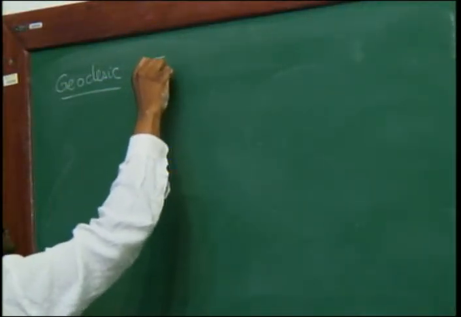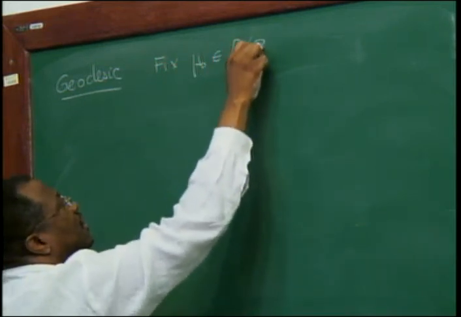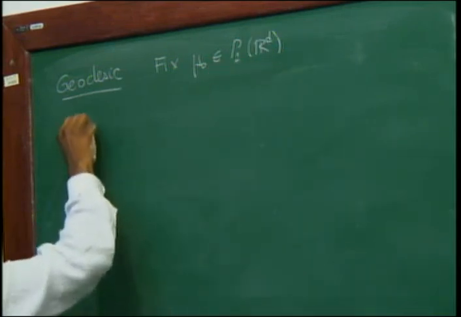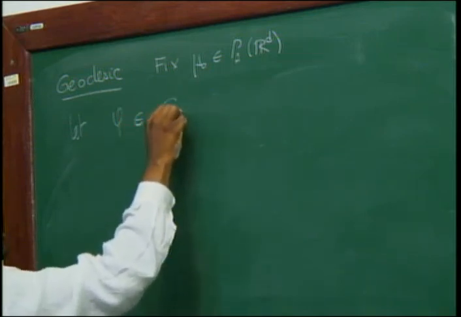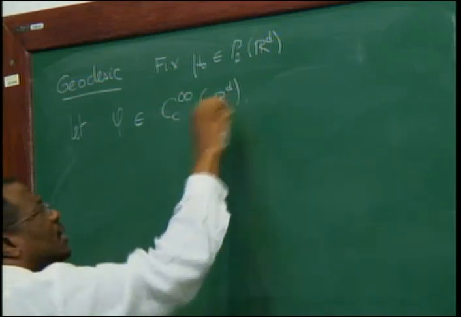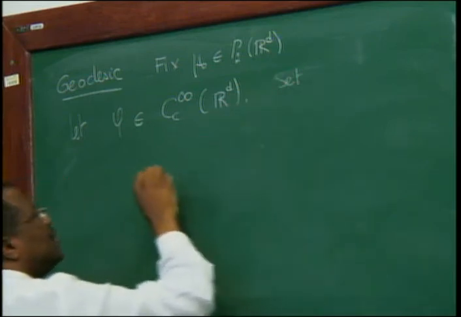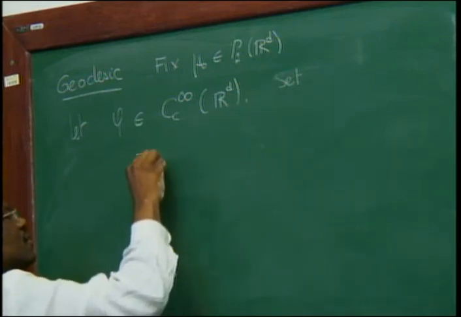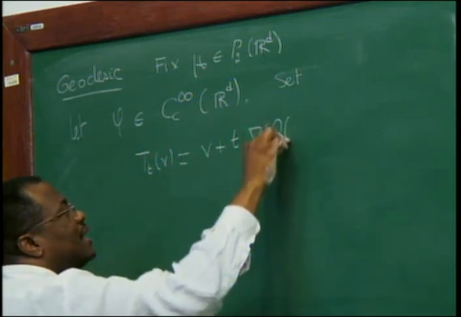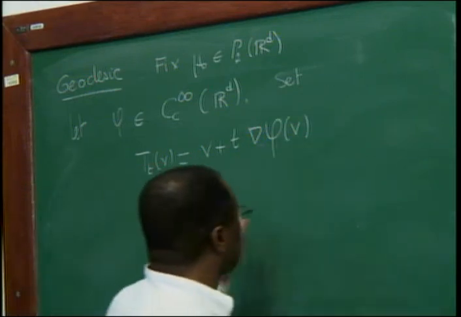Fix mu naught, a probability measure on R^D. Let phi be a function of compact support of class C infinity in R^D. Consider the map T_t of V to be V plus t, the gradient of phi of V. This clearly is the gradient of a convex function.